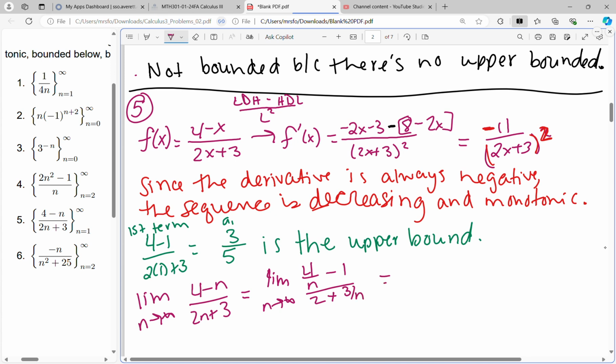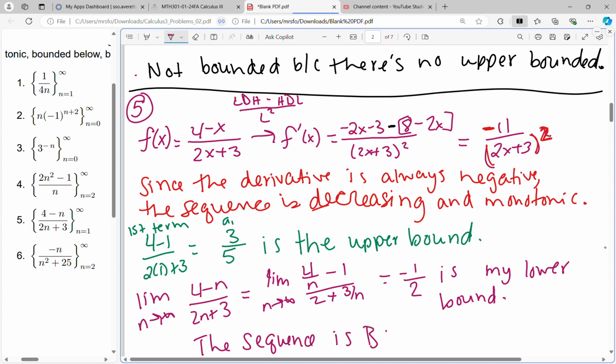And as I take the limit, that's 0 minus 1, so negative 1, over 2 plus 0 is 2, so negative 1/2 is my lower bound. Fun, fun. So this sequence is bounded because it has an upper and lower bound.